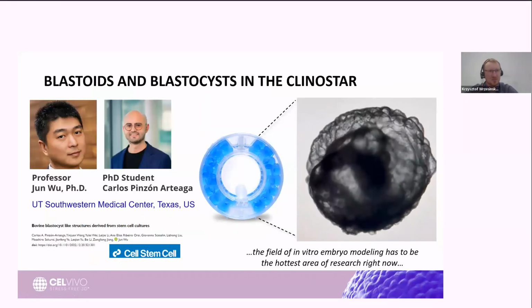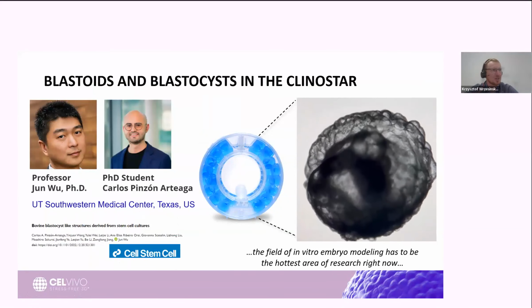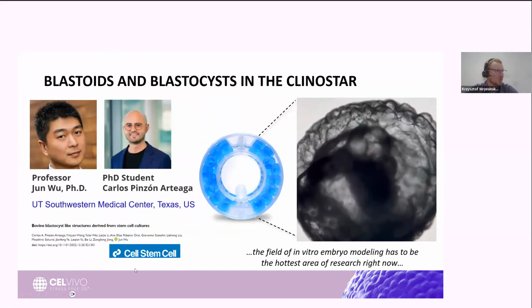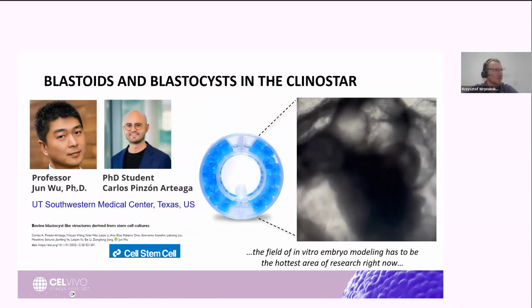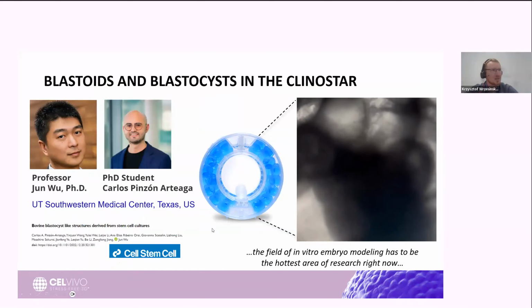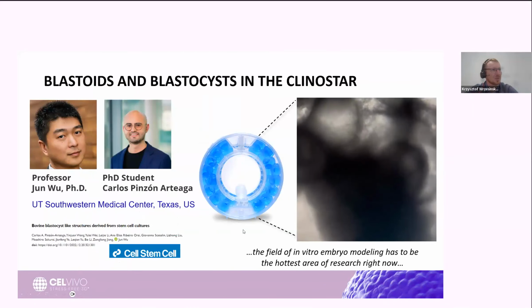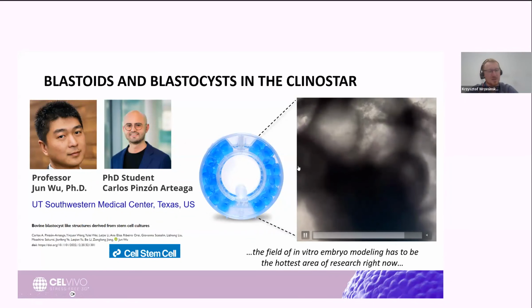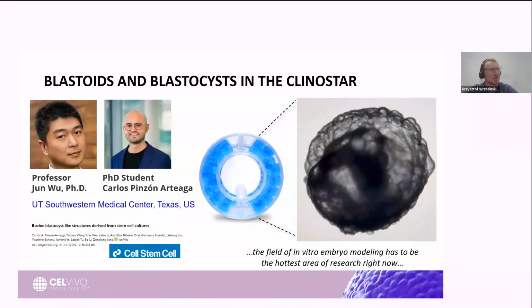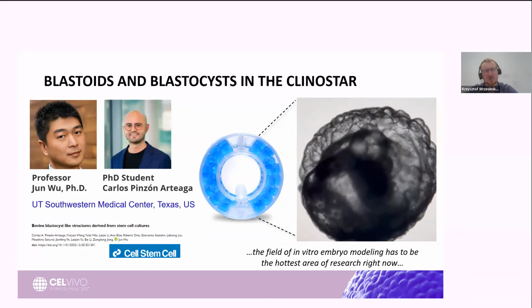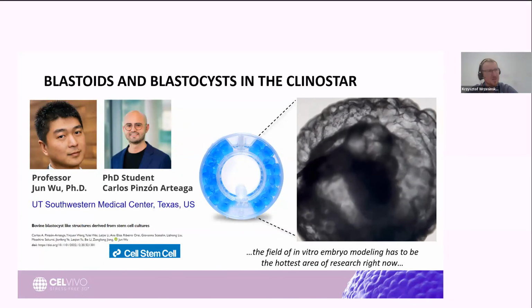Yet another point: this is a not so long ago published article from John Wu's lab, and Carlos Pinzón was the person behind the experiment where they created a synthetic embryo, or as they call it, a blastoid, out of stem cells made from bovine cells.